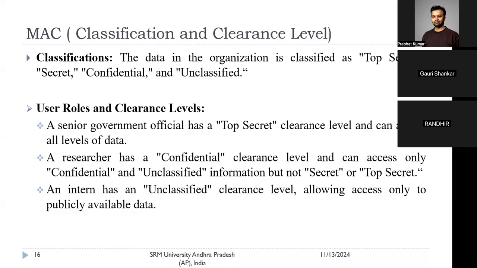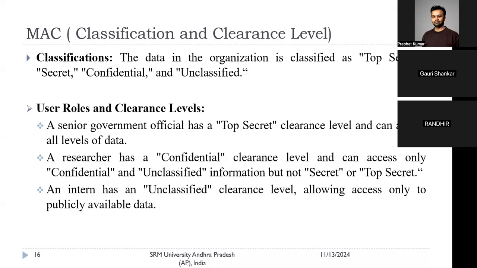Basically, whoever is in the top secret label can access all the information: top secret, secret, confidential, and unclassified. This can be changed also. I'm telling this in terms of the Bell-LaPadula model, because the Bell-LaPadula model follows this mandatory access control.